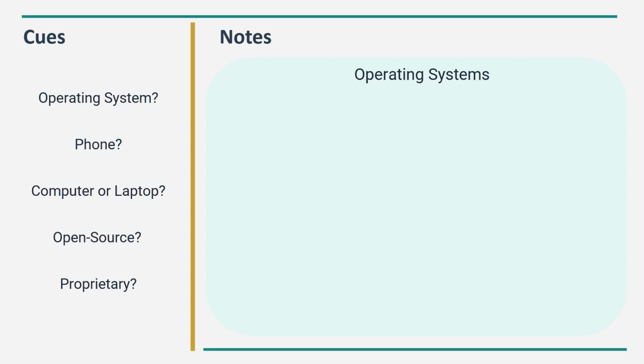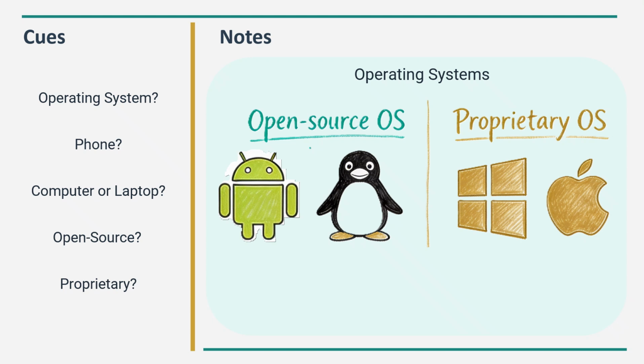Just like the Office suites, operating systems also have open source or proprietary versions. It's good to know the labels as well because they have been asked. So we do have open source OS for phones and for laptops and computers, and proprietary ones for phones and laptops and computers. The first one is Android.